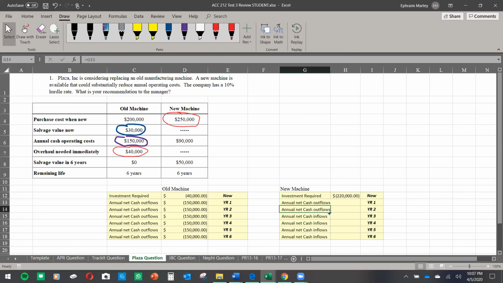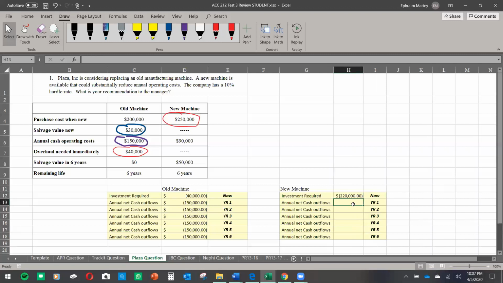Everything going out is cash outflow, and coming in is cash inflow. We will spend only 90,000, so I'm going to reference this all the way through the 6 years.